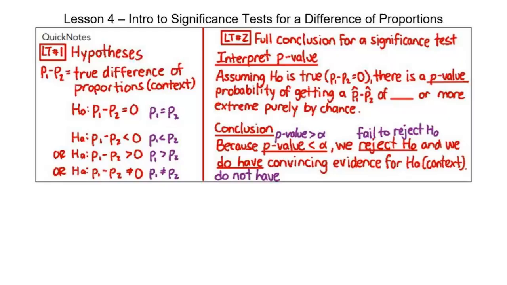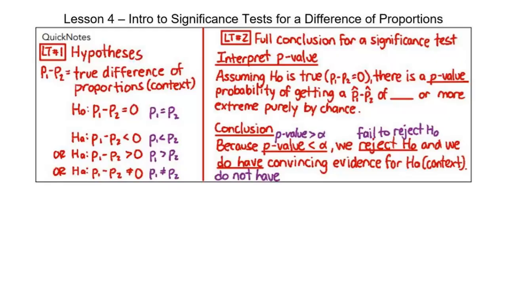Interpreting our p-value and our conclusion, very similar to what we've done before, assuming the Ho is true, P1 minus P2 equals 0. There is a p-value probability of getting a p hat 1 minus p hat 2 of blank or more extreme, purely by chance. And then the conclusion, because the p-value is less than or greater than alpha, we either reject or fail to reject the Ho, and we either do or do not have convincing evidence for the Ha.